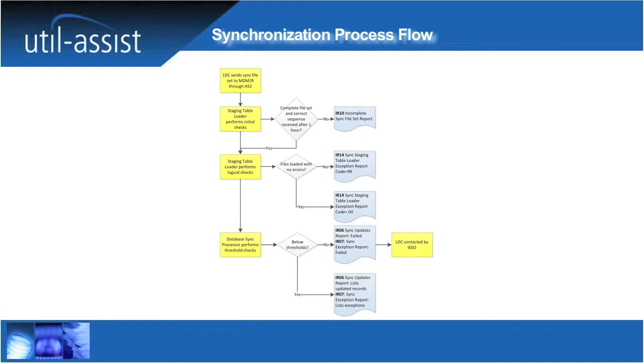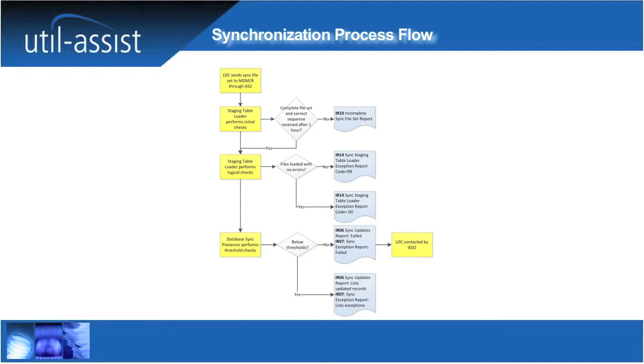So if you get reports showing that it is successfully loaded, then you know that, for example, your sync sequence number has been advanced. If you sent them file number 42 and you had a successful staging table loader report, you know that 42 has been processed and they will next time be expecting number 43.